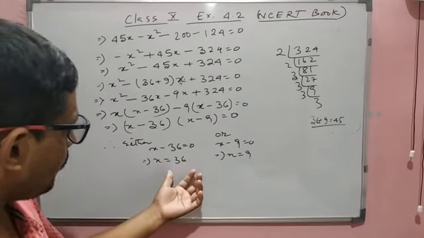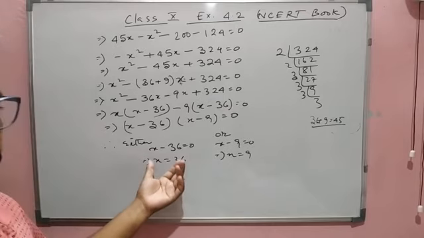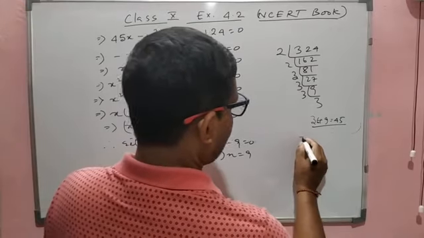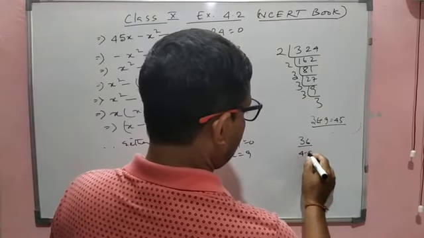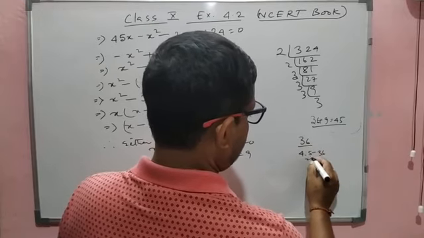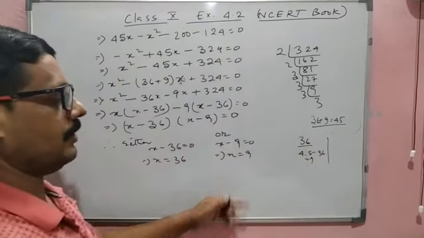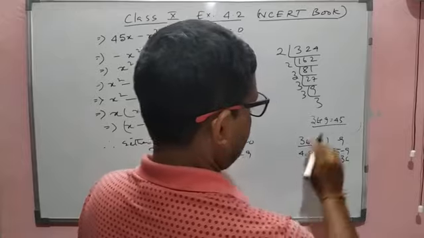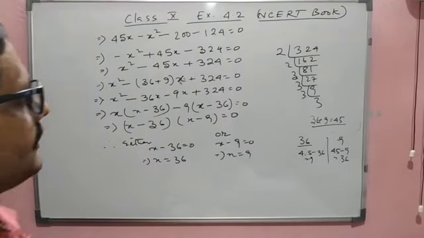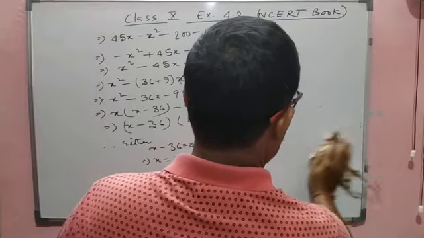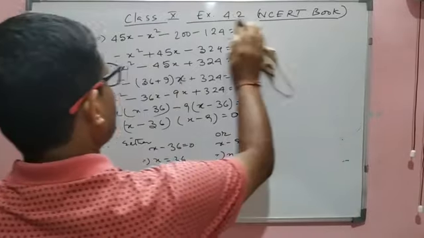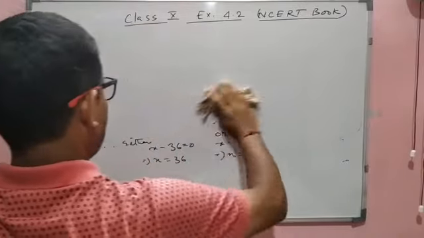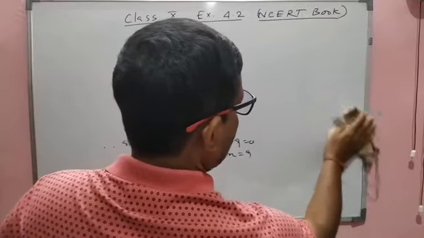x means the number of marbles that John has. If John has 36 marbles, then Jivanti will now have 45 minus 36, that is 9. And if we consider John has 9 marbles, then Jivanti will have 45 minus 9 equal to 36. So we will write it like this. We have considered x as the number of marbles of John.